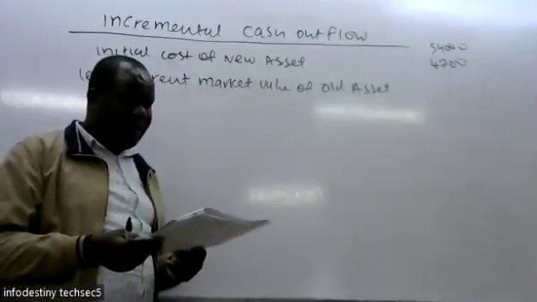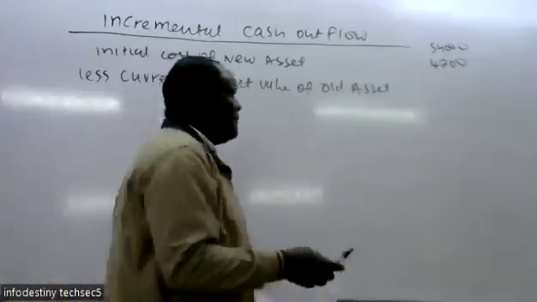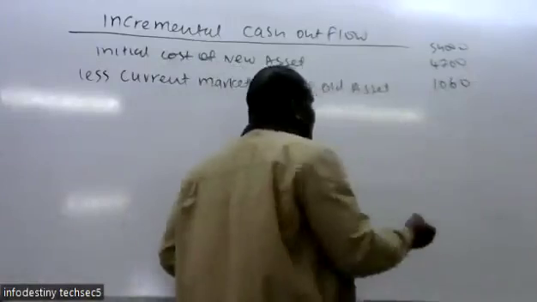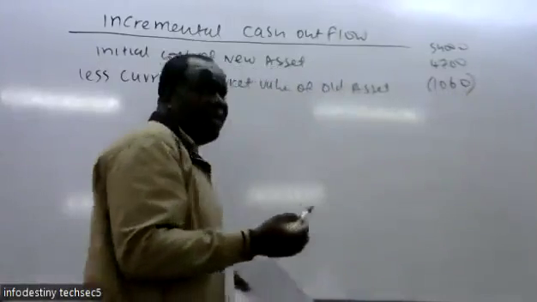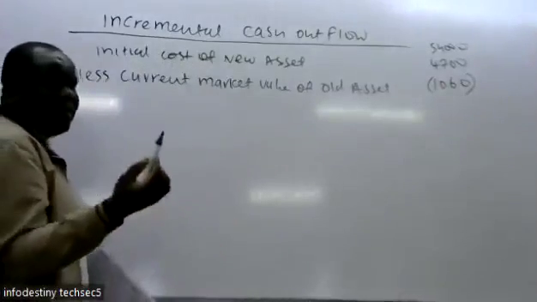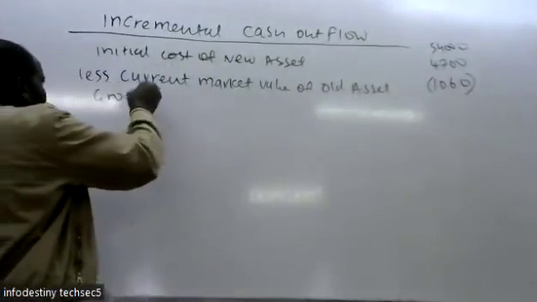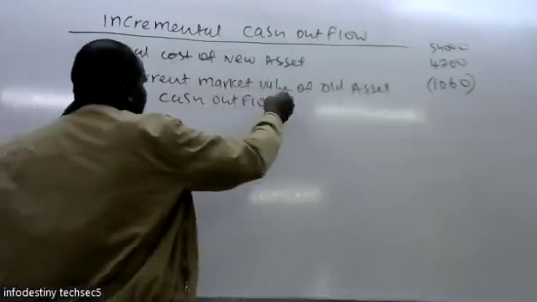You can say the existing machine current disposal value is estimated at 1.06 million. So when you minus, you get the gross cash outflow. Those other details were not there in the question, that's why I'm avoiding them.